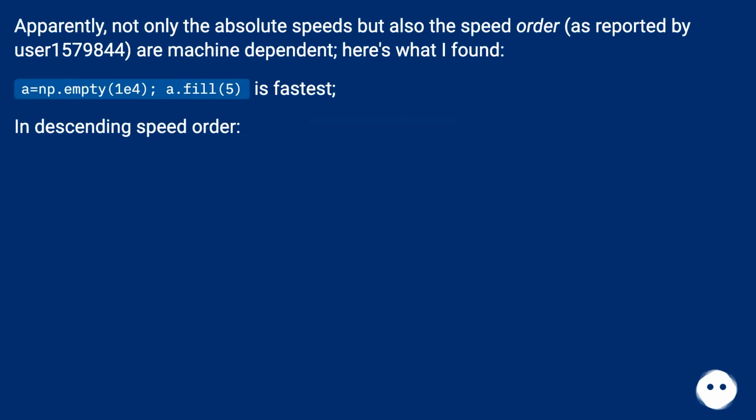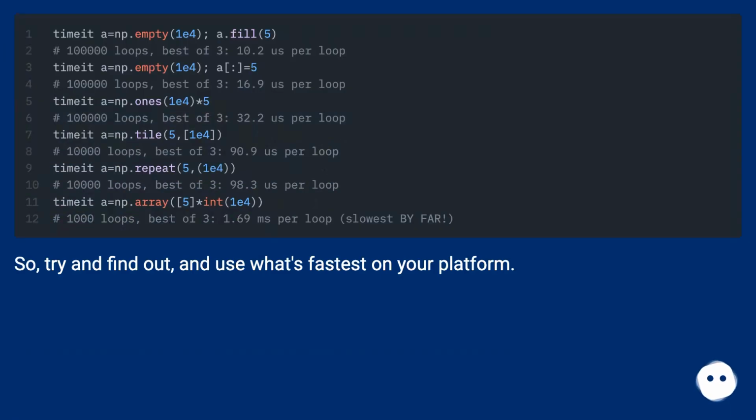Here's what I found: a = np.empty(1e4); a.fill(5) is fastest, in descending speed order. So try and find out, and use what's fastest on your platform.